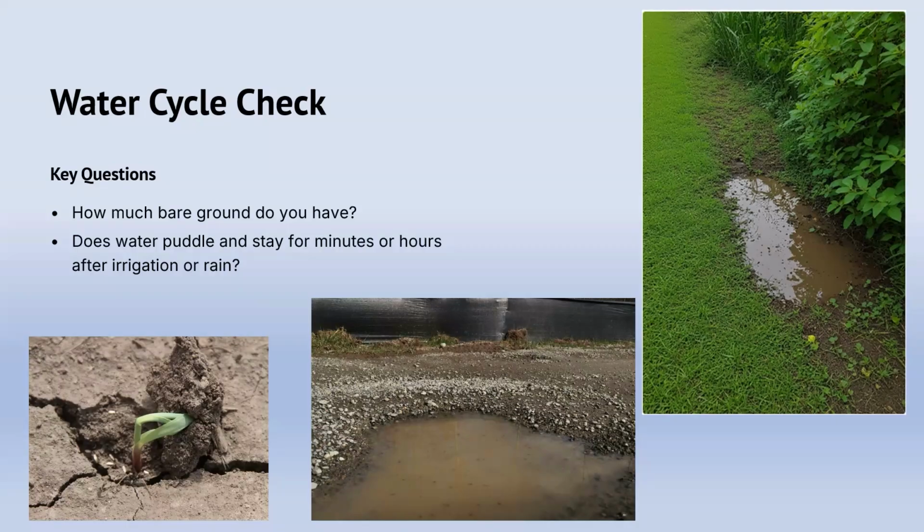Like in that picture, it crusted over, and the germinating seeds can't push through that top little crusting layer. That's actually acting like a mini compaction layer there. So those are the type of problems we're looking out for.